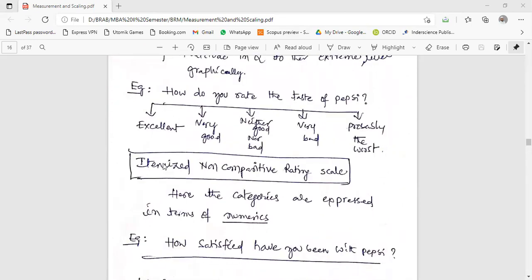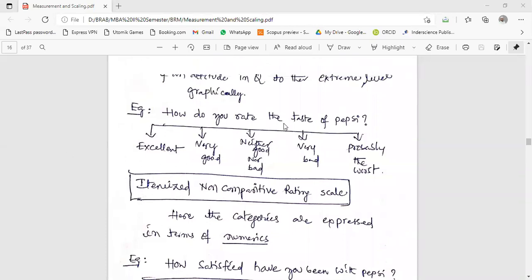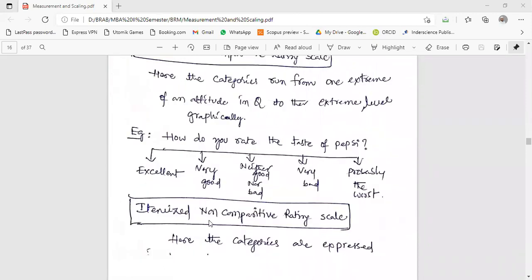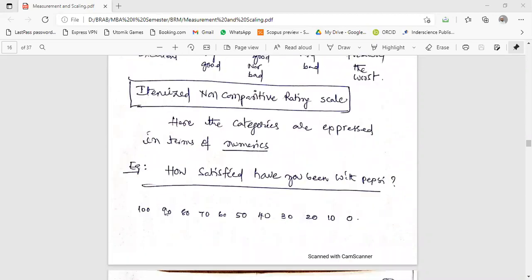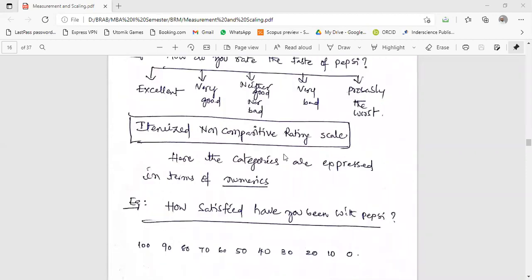Okay. Next, the itemized non-comparative rating scale. Itemized non-comparative scale means here the categories are expressed in terms of numerics. Here only the attitude is rated, but numbers will be given. See, how satisfied have you been with Pepsi? Here numbers are given: 100, 90, 80, 70, 60, 50, 40, 30, 20, 10, 0. That is why it is an itemized non-comparative rating scale.